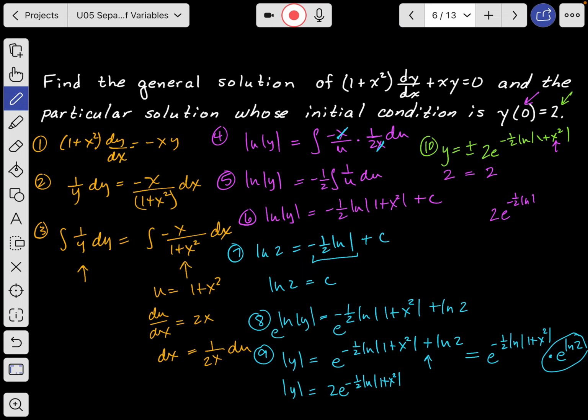Well, we already said e to the 0 is 1. And so this is just going to equal 2 times 1. Well, if we want it to equal 2, then this needs to have a plus sign on it. And so our final answer is going to be y is equal to 2e to the negative half ln 1 plus x squared.